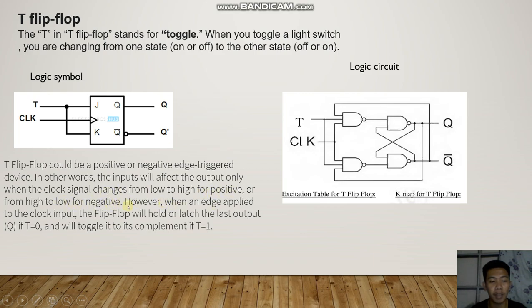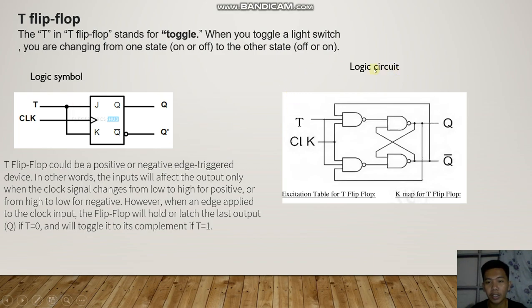However, when an edge is applied to the clock input, the flip-flop will hold or latch the last output Q if T is equal to 0, and will toggle it to its complement if T is equal to 1. In short, T flip-flop stands for toggle flip-flop.